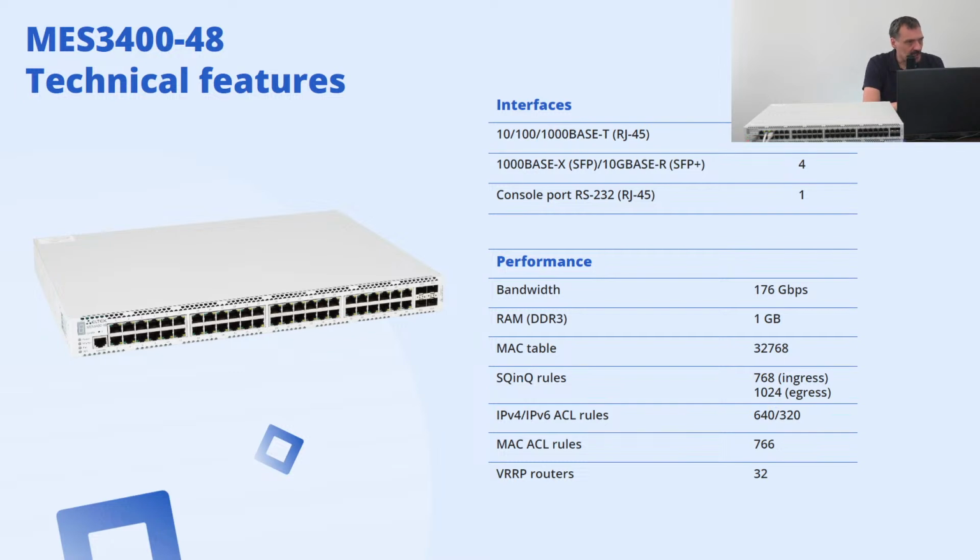We also have one more model, which used to be in pre-production, but now it is in full production. It is fully on the market, which is 3424. The same switch, like you see right now on your screen, but only with 24 gigabit ports.